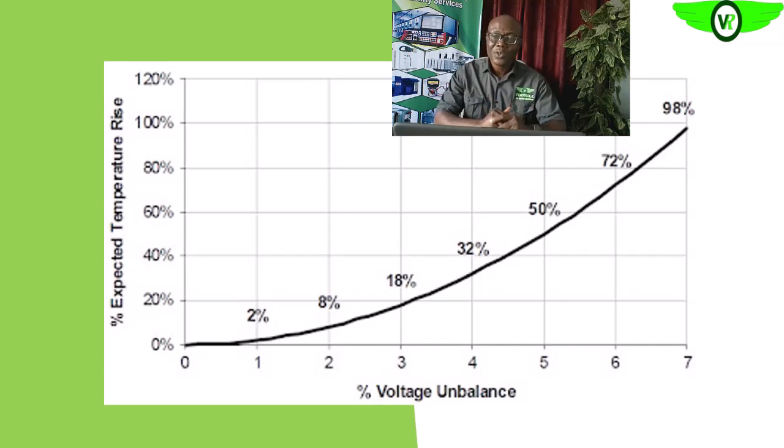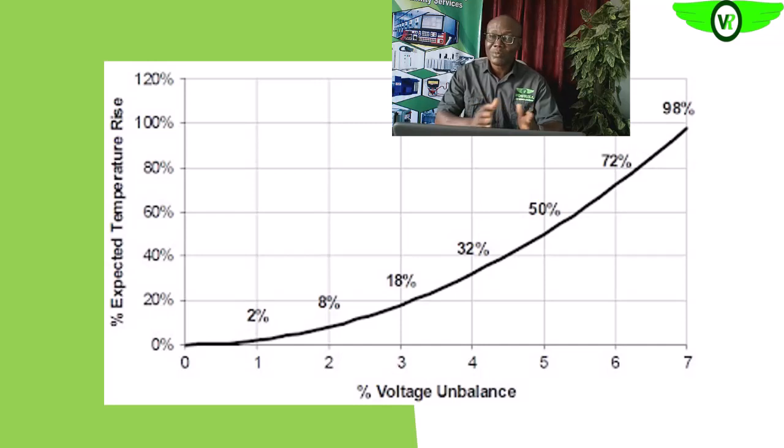So you see that the heating effect of that small unbalance is huge as the difference goes up. So voltage unbalance is an undesirable situation in the operation of an electric motor. Usually it is recommended that at the input stage from your utility, the voltage unbalance should not be more than between 1 and 2%.